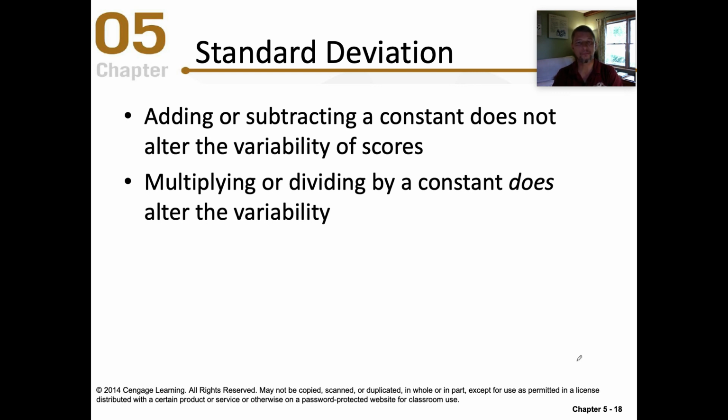However, if you multiply or divide by a constant, that will change the variability, meaning that it'll take the curve and squish it or expand it. So adding or subtracting simply moves it from one place to another along the x-axis. Multiplying or dividing either expands it or squishes it. Just keep that in mind for future reference.